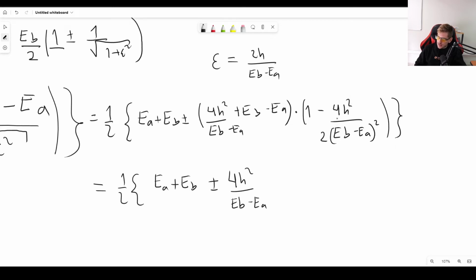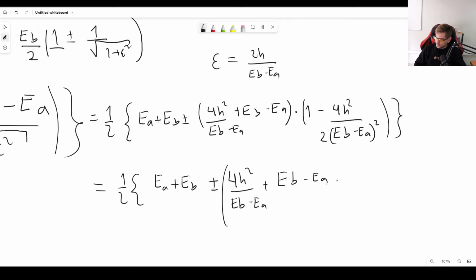But then we get something of the order of h to the 4th power, which is so small, right? h is already very small. We are in perturbation theory, so h is super small. So to the 4th power, you can't even notice. Then we have EB minus EA times that other thing. So first times 1, so you get plus EB minus EA.